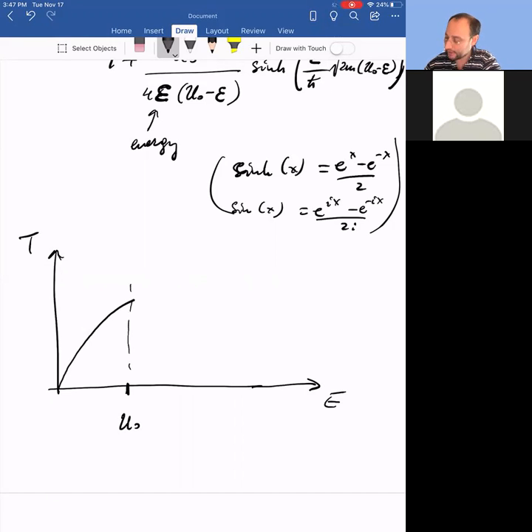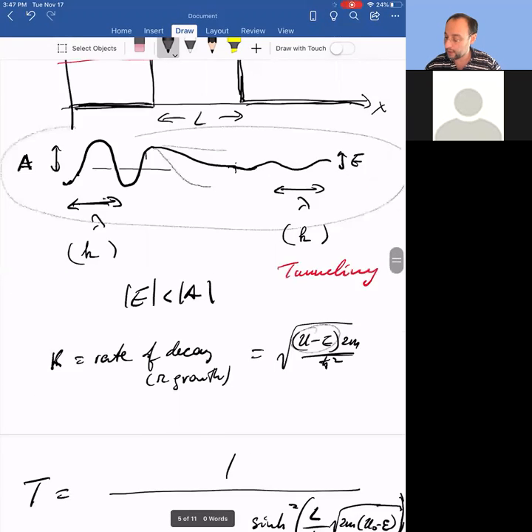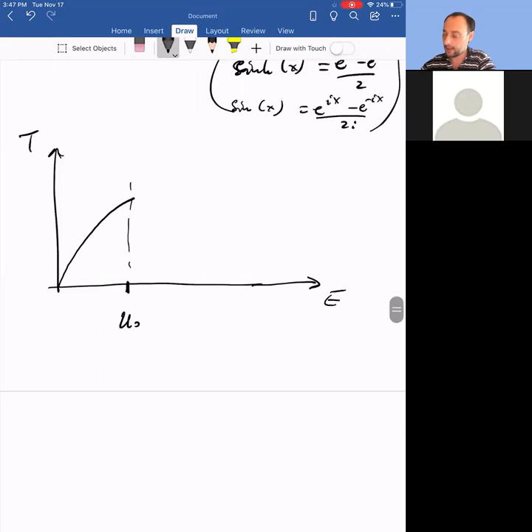And when E equals U naught, the transmission coefficient will not become 1. The transmission coefficient reaches a certain value, which is 1 over 1 plus U naught over a quarter. So that's just an interesting result.